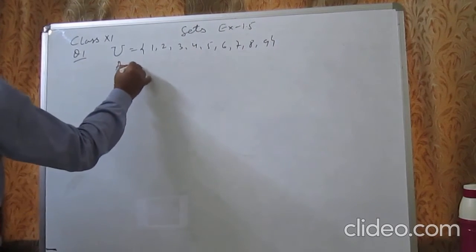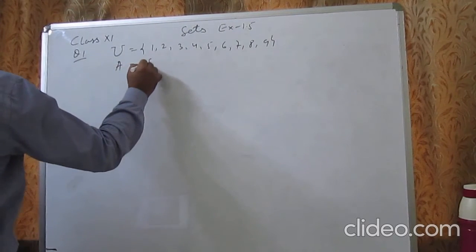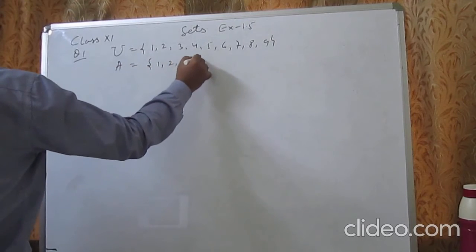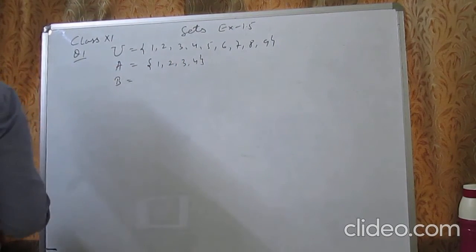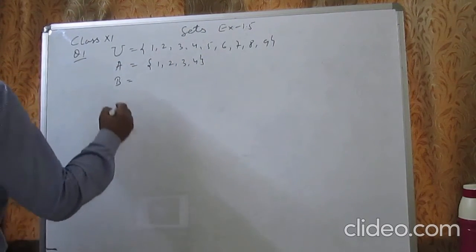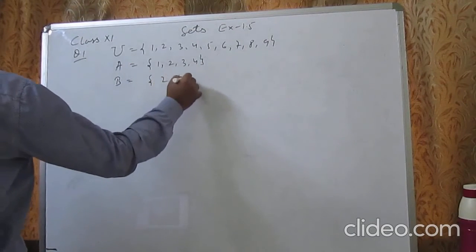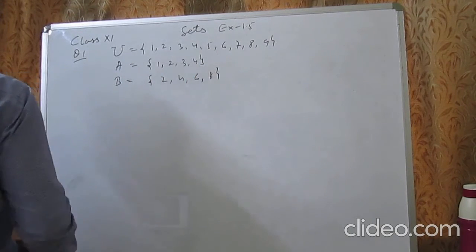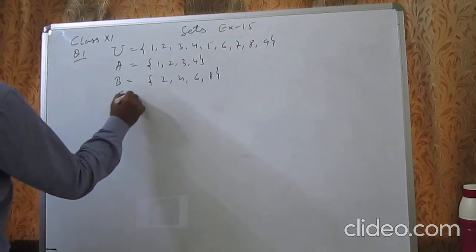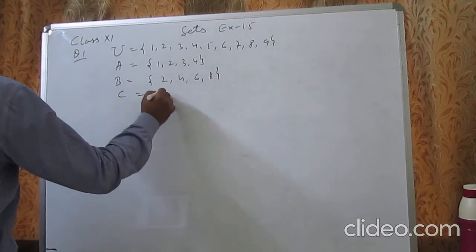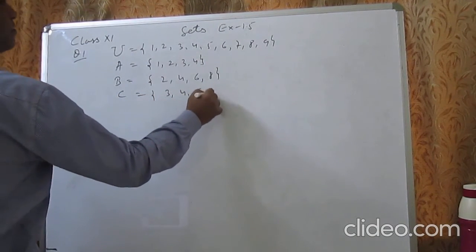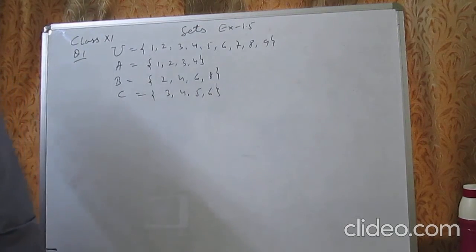A is given to you: 1 2 3 4. B is given to you: 2 4 6 8, even numbers. And C is given to you: 3 4 5 6.